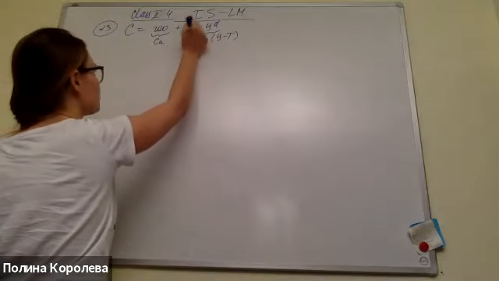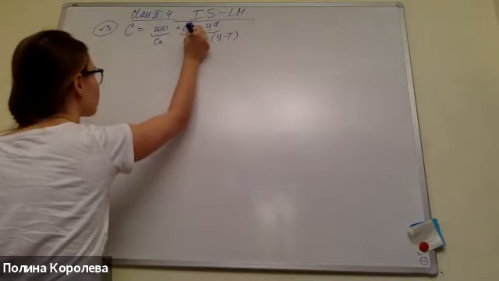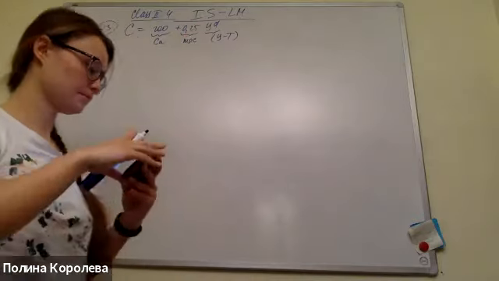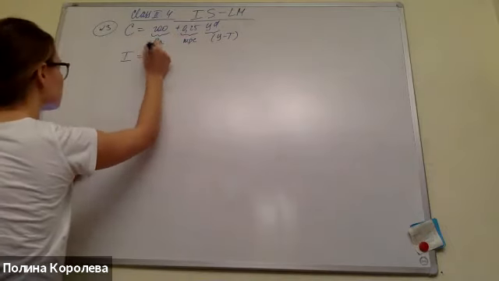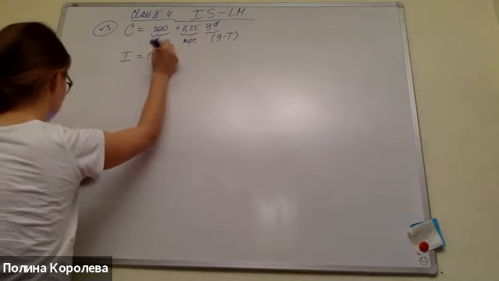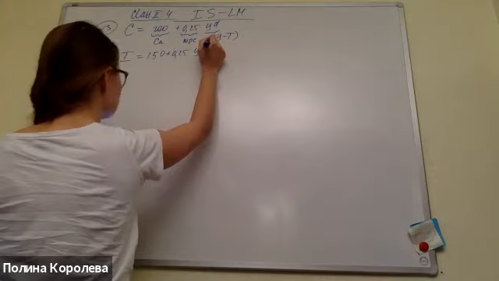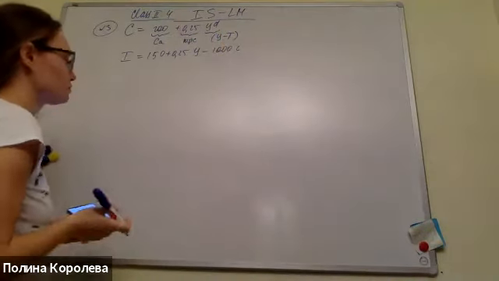And 0.25 is the marginal propensity to consume. Then, what else do we have in the task? Investment equals 150 plus 0.25 multiplied by output minus 1000 multiplied by interest rate.